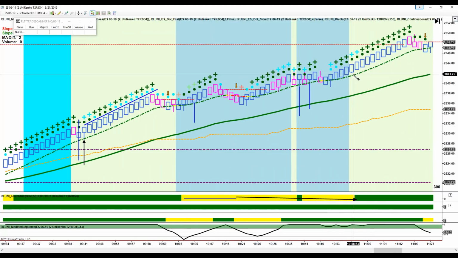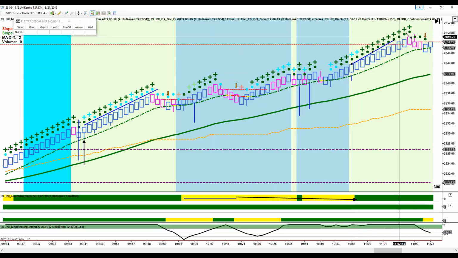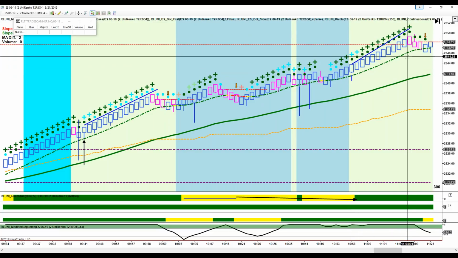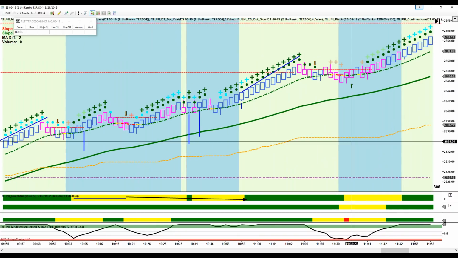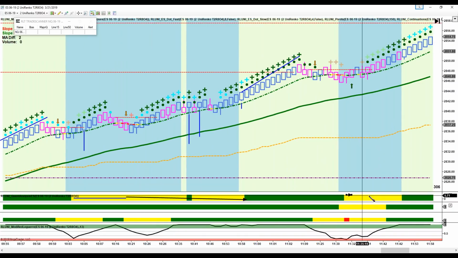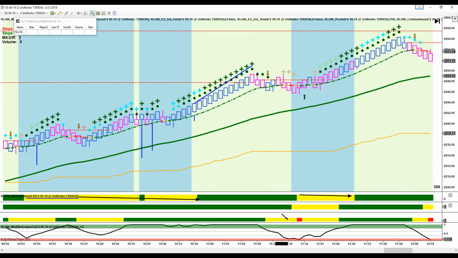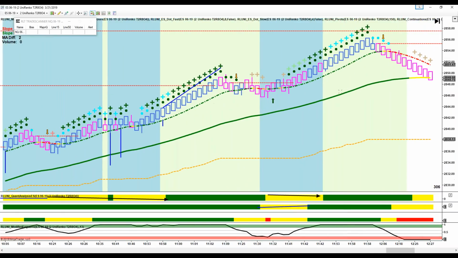Now, you see this wick right here? You can take that pullback and long. Now it goes yellow right here. We don't have the multi-time frame Laguerre, which is right here. So we have no trade.